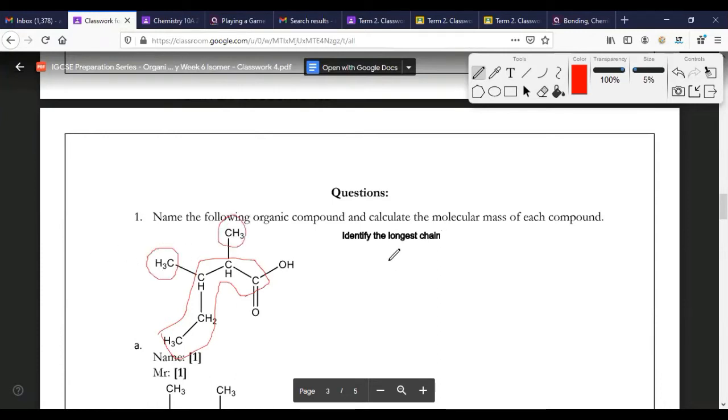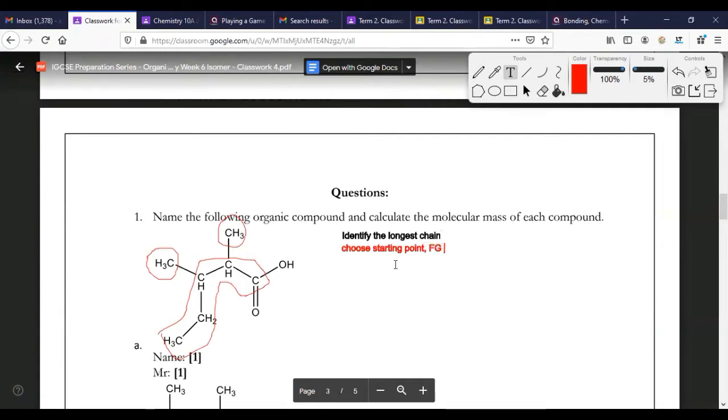We got two branches. So after you identify the longest chain, what you need to do is choose the starting point. If you have a functional group, your functional group will get the smaller number.